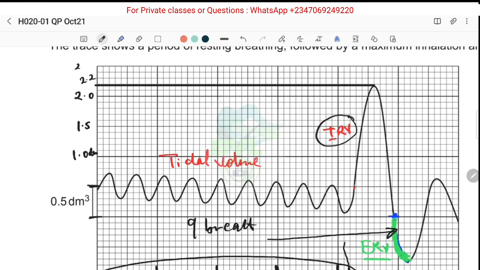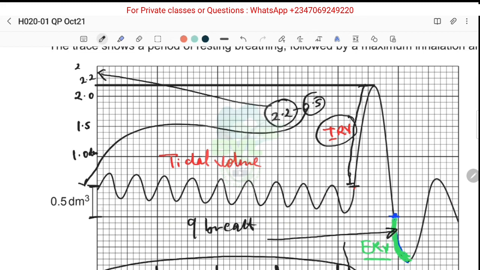So for you to get the inspiratory reserve volume, which is the extra air that you breathe in after the normal breath, from this distance, what you're going to do is 2.2 minus 0.5. This 2.2 is from here and this 0.5 is from here, because we just want to get the distance here to here only.